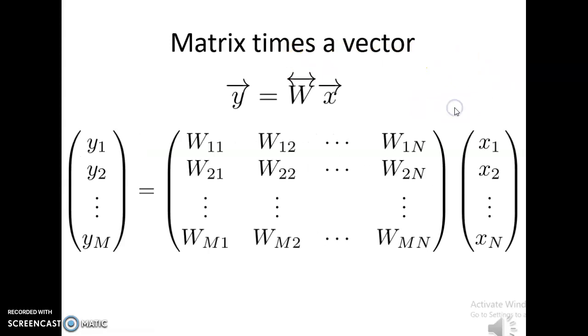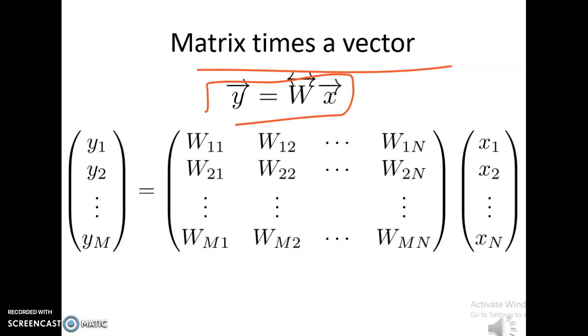Matrix times vector. What is matrix times vector? The y vector equals W times the x vector.